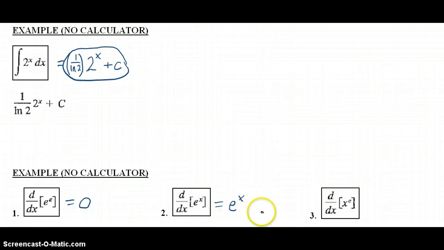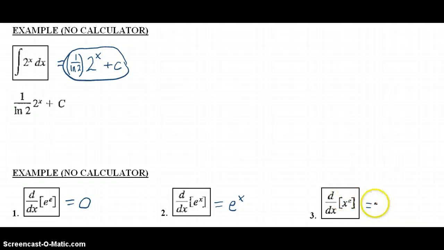There's our answer. And then when we go to number 3 here, we see an e, but this is actually a polynomial. Normally we see x squared, or x to the third, or x to the negative second, but this time it's x to the e power. So you're going to just use the power rule for this one. So there's a 1 out front of this x.